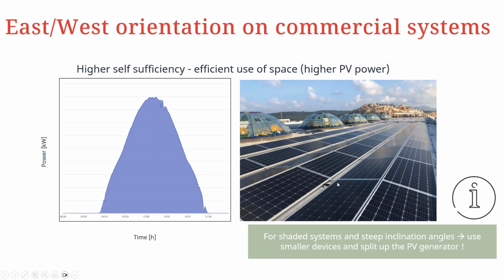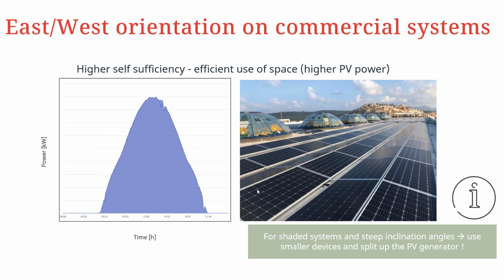It is expected that for shaded systems that also have a steep angle of inclination, such systems be split into smaller devices, so that these split systems will take care of the respective steep inclination angles.